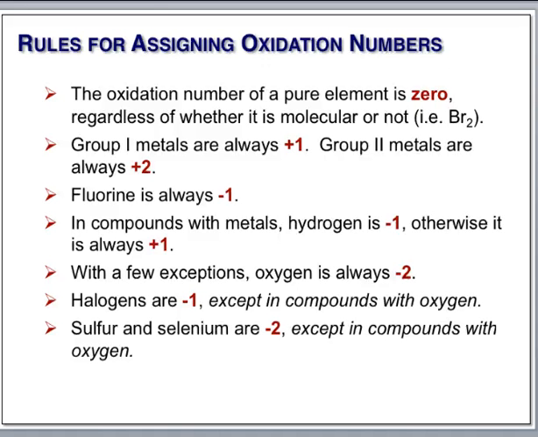Halogens are almost always -1 unless they are bonded to oxygen. Sulfur and selenium are going to be -2, just like oxygen, except if they happen to be bonded to oxygen, and then oxygen takes charge.